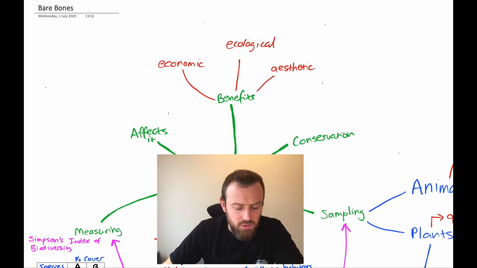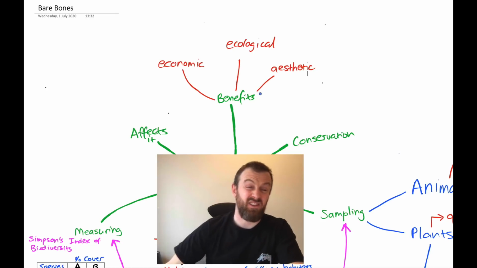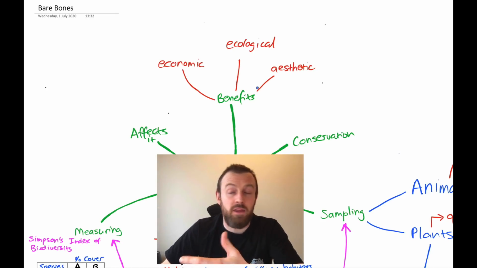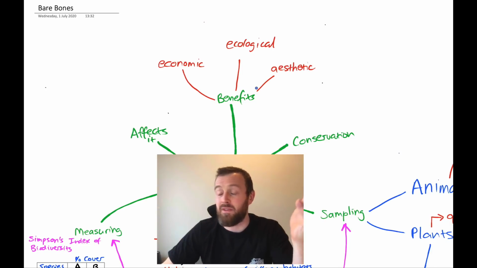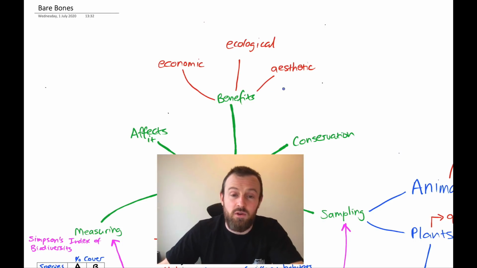Let's, I guess, take the easiest one first. There is an aesthetic effect of biodiversity on humans. If you go to a place that is very biodiverse, most people get a feeling of calm, a feeling of satisfaction, and it has even been shown to lower your heart rate if you're stressed and that sort of stuff. So we can call this the aesthetic effect of biodiversity.